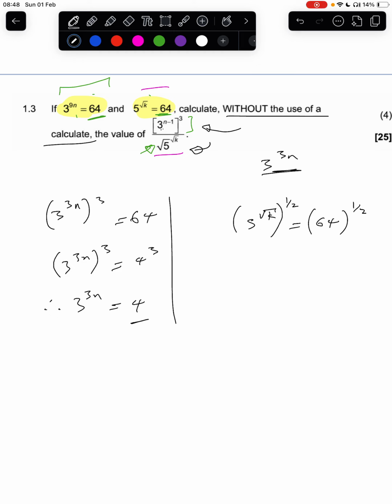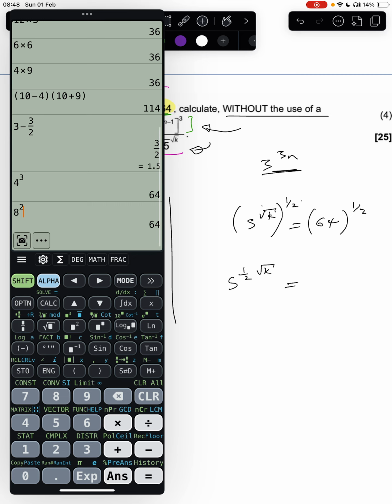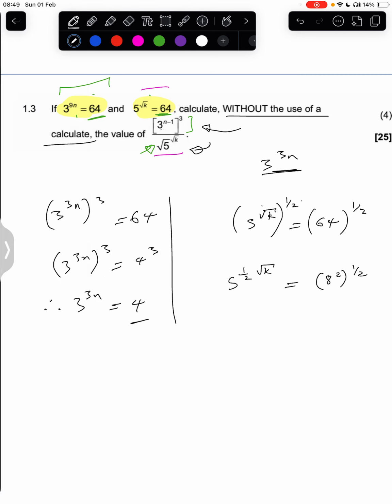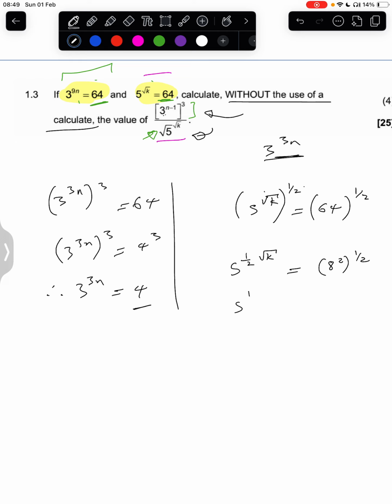Then this is the same as 5 to the power of root k times half, which is just half root k. Is this 8 squared? Then this one is 8 squared. Alright, so this part here is going to be square root of 5. This is 8, so this is square root of 5 raised to square root of k, which is equal to 8.